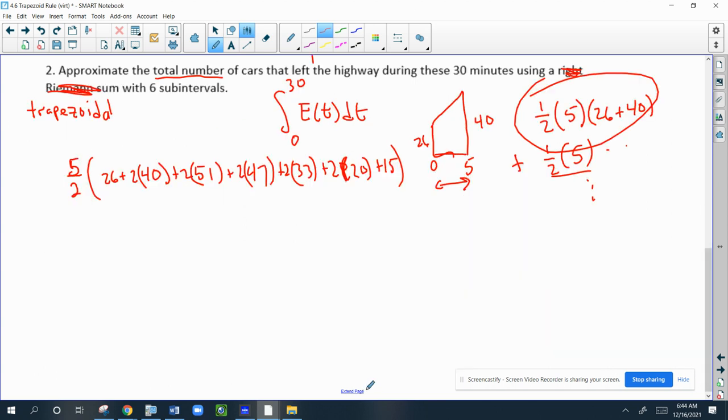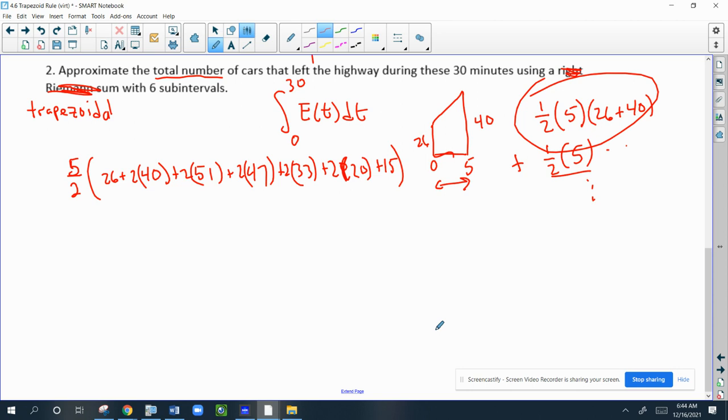I'm going to calculate this. 26 plus 80 plus 102. Hopefully I do this right. 2 times 47 plus 66 plus 40 plus 15.